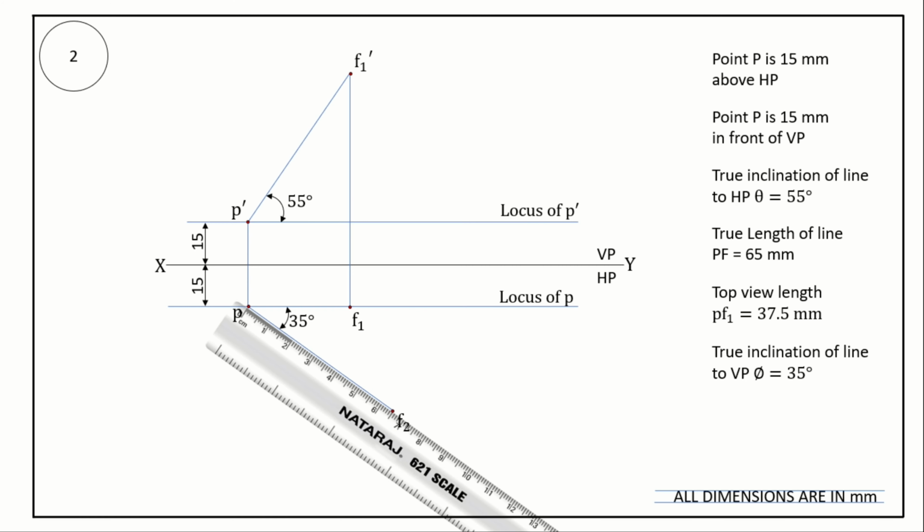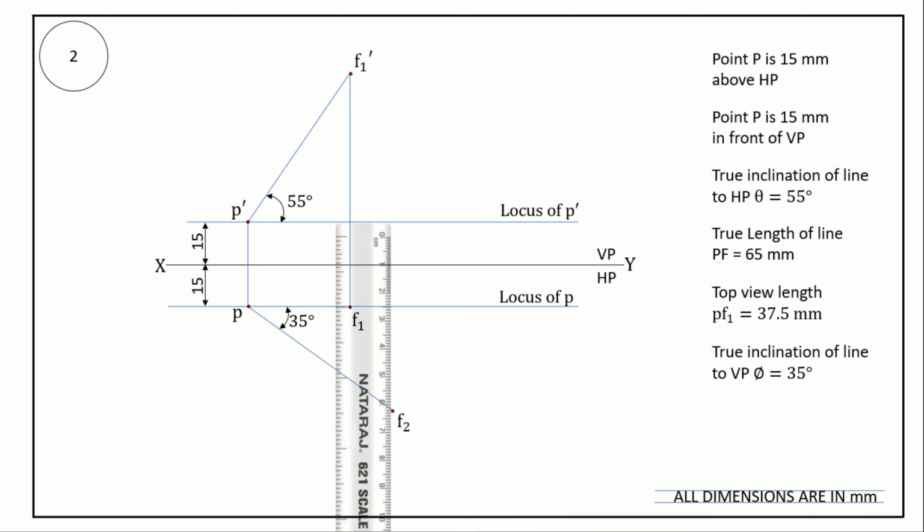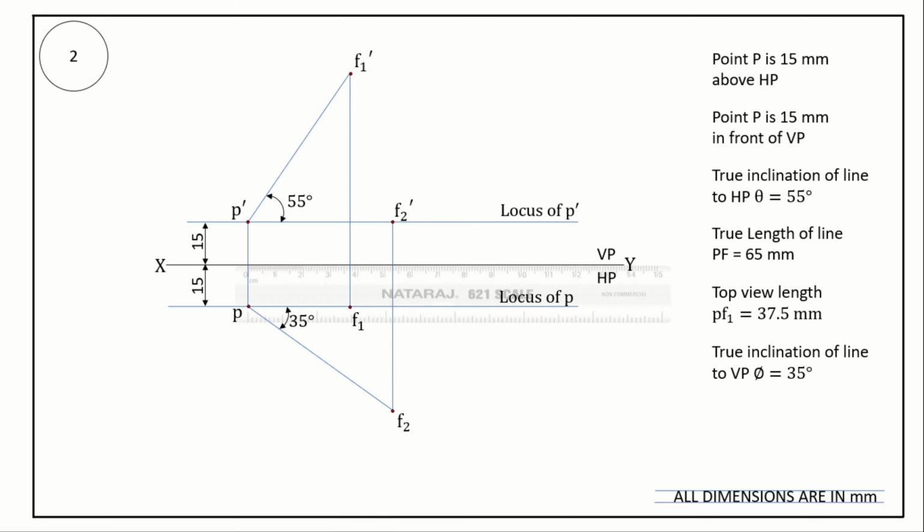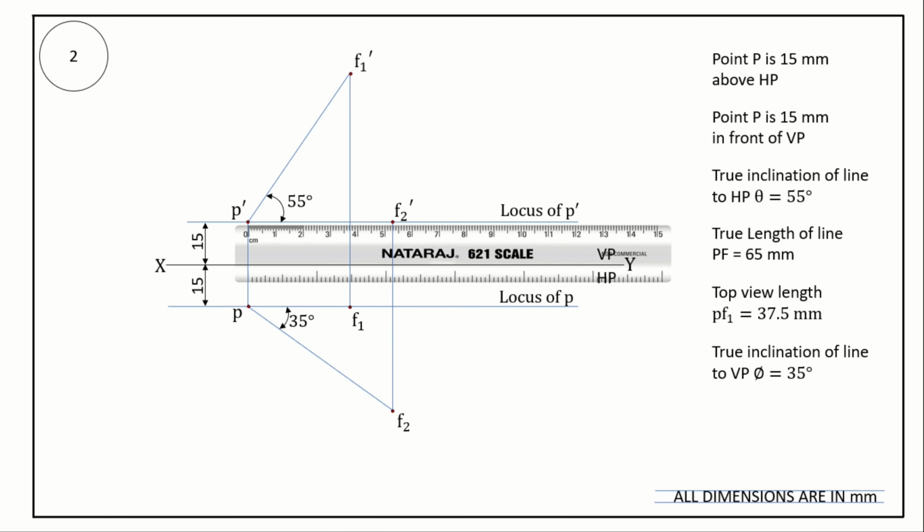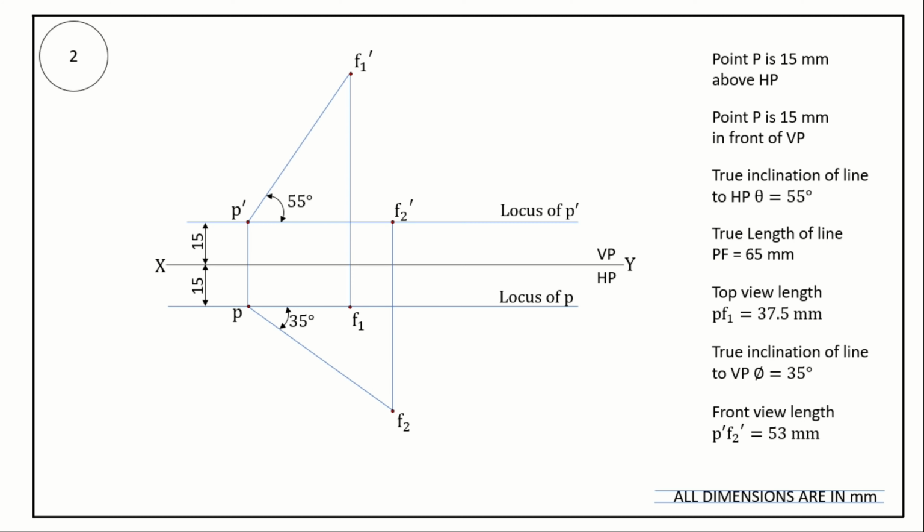Here PF2 is equal to 65 millimeter. Again, from the point F2, draw a line perpendicular to XY. This line cuts the locus of P dash at a point, that point is F2 dash. Now measure the distance between P dash and F2 dash. This length is the front view length. P dash F2 dash is equal to 53 mm.